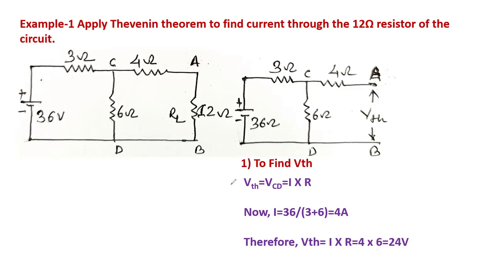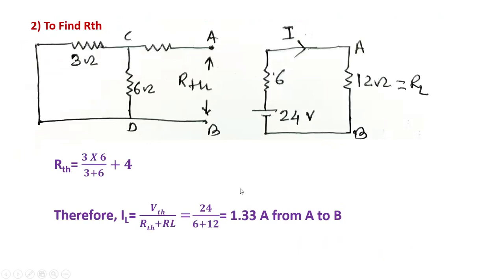Now we have to find out the value of RTH. So how do we find out the value of RTH, that we have to see. To find the value of RTH, you see we just shorted the source terminal. After shorting the source terminal, this is one resistor, this is another resistor, and this is another resistor, this is a 4.